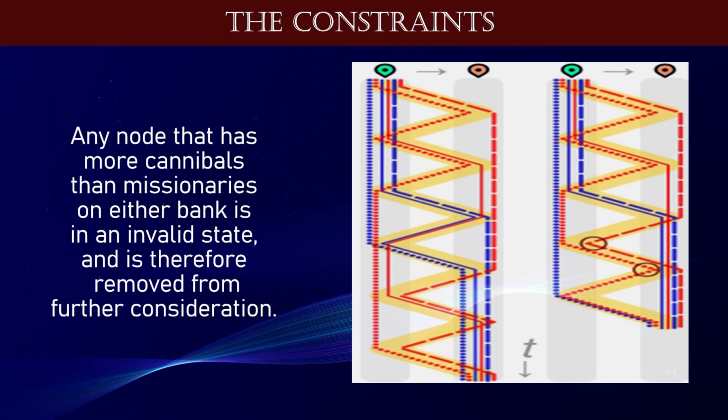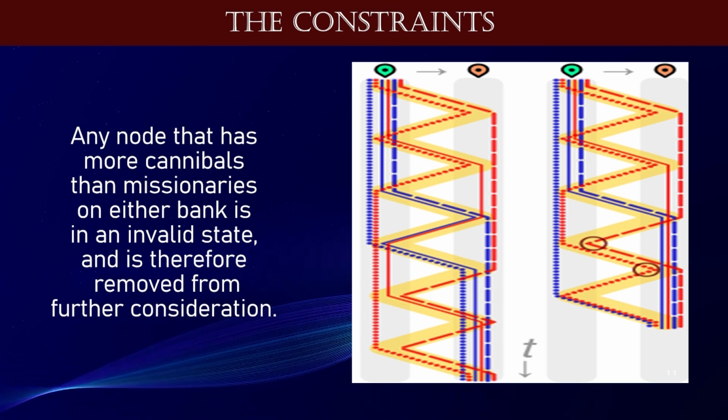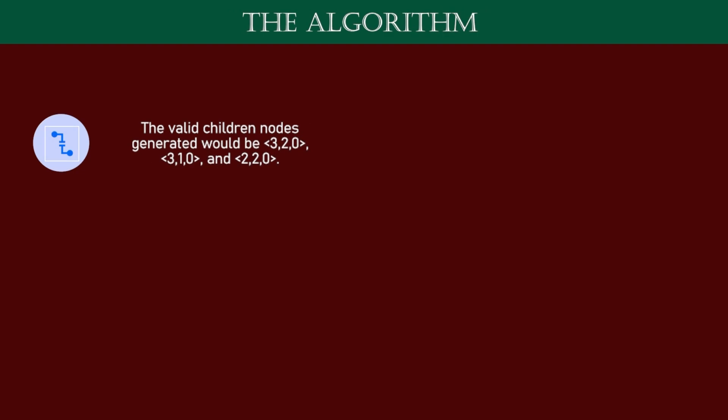Any node that has more cannibals than missionaries on either bank is in an invalid state, and is therefore removed from further consideration. The valid children nodes generated would be 320, 310 and 220.